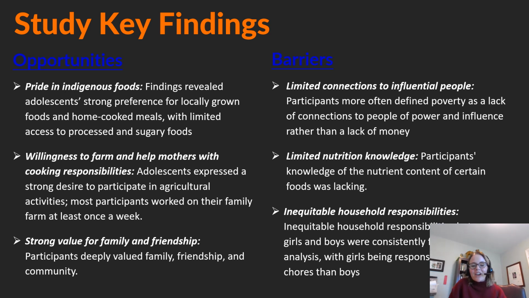If we look at barriers, participants often defined poverty as a lack of connection to people of power and influence rather than money. They had very little knowledge around nutrient content of certain foods, and there were inequitable household responsibilities between girls and boys, which was very consistent in our analysis.